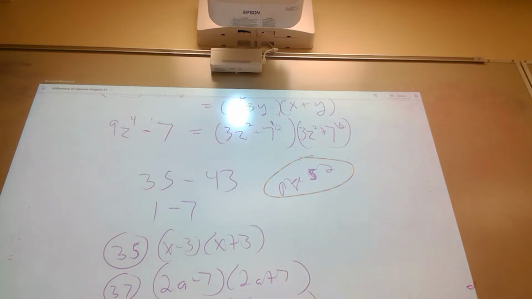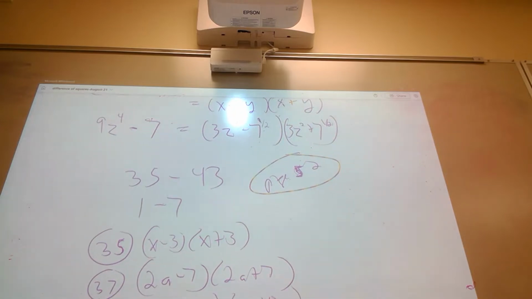We have 1 minus 10x times 1 plus 10x. Square root of 100 is 10. Square root of x squared is x.